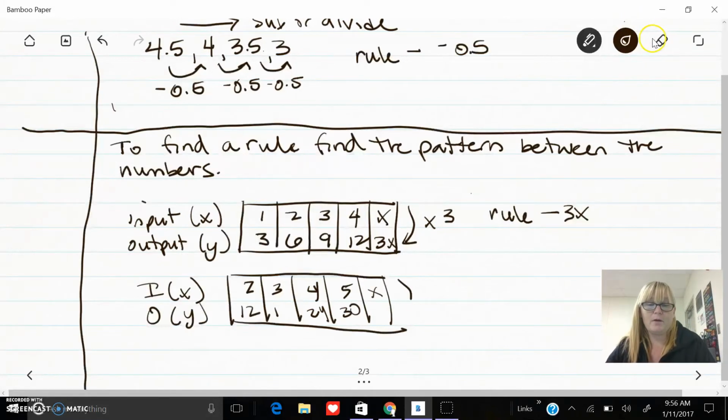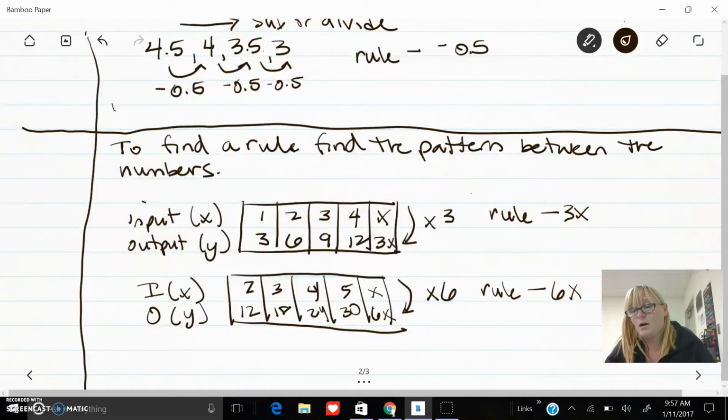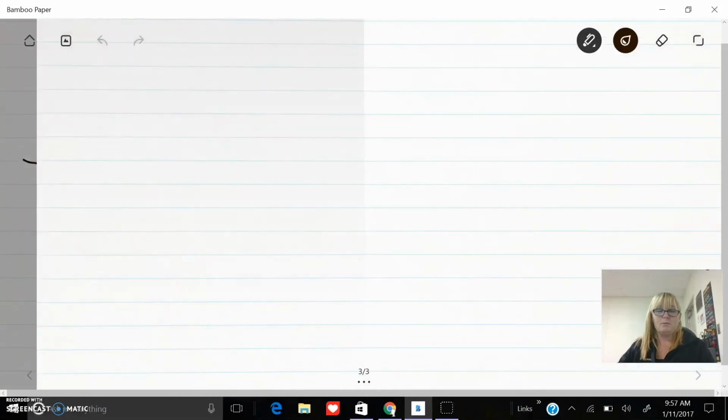All right, how do I get from 2 to 12? I can add 10, but 3 plus 10 is not 18, so I'm not going to add. Numbers are going up, so the only other option is to multiply. So I can multiply by 6. Therefore, my rule is 6x. Okay, those are pretty easy to do. What we're moving on to is not so easy.